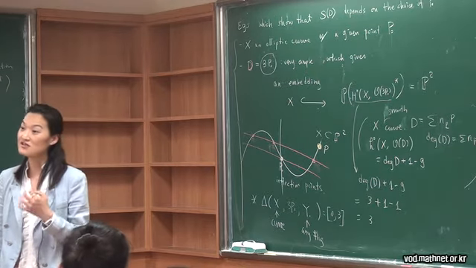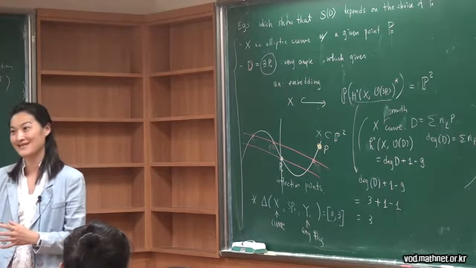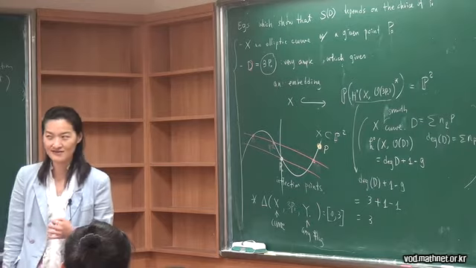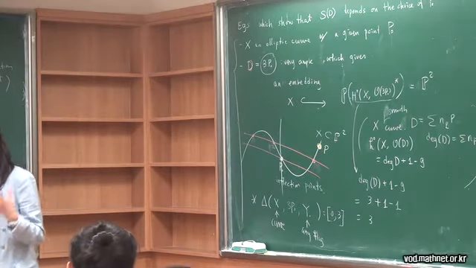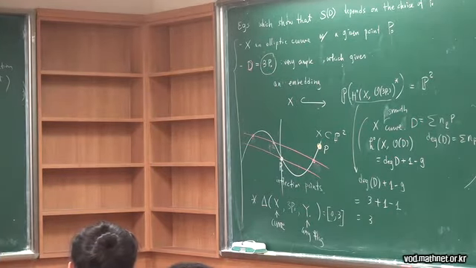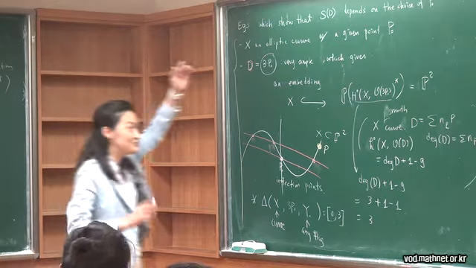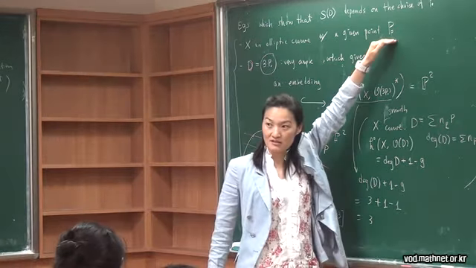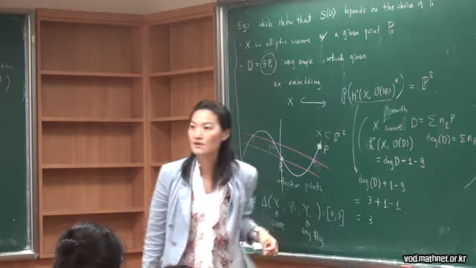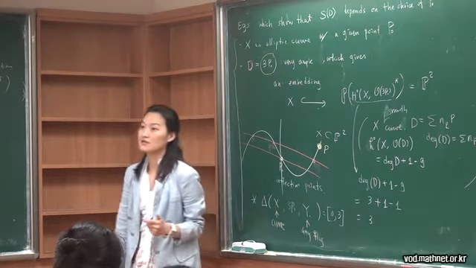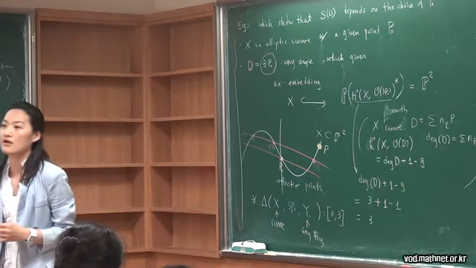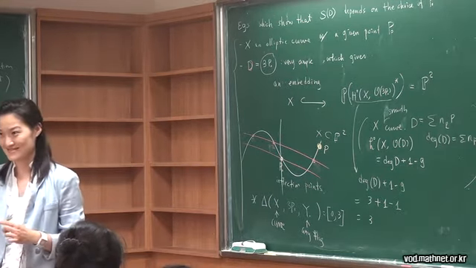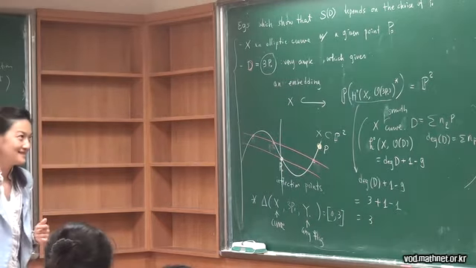Otherwise, you will just say curve of genus 1. When you say elliptic curve, I think it has something to do with number theory or this group structure. I chose it from the very beginning. From the embedding, this p0 becomes the inflection point. The inflection point is the identity of the group structure.